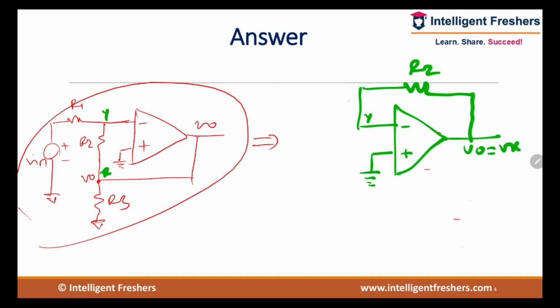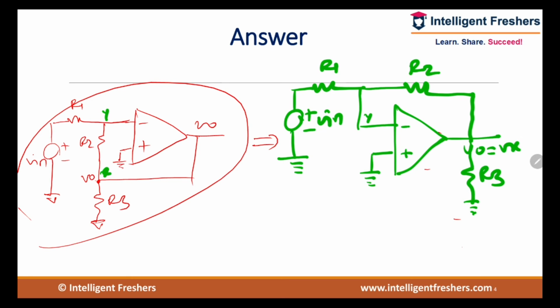From Y to the input, R1 is there. This is Vin. And from V0 to ground, R3 is there.